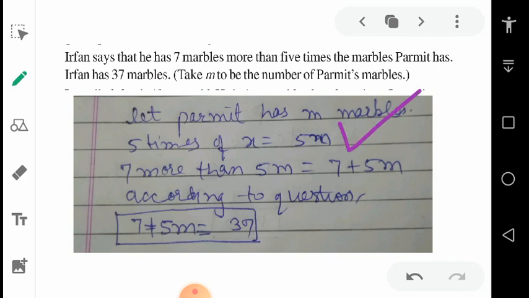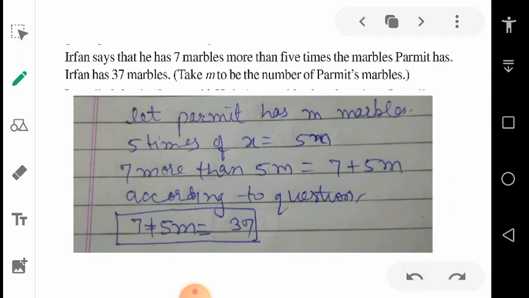Then 7 more means we have to add 7, so it becomes 7 plus 5m. Next we have to follow the instruction according to the question. Irfan has 7 marbles more than 5 times, but it is said that Irfan has 37 marbles.